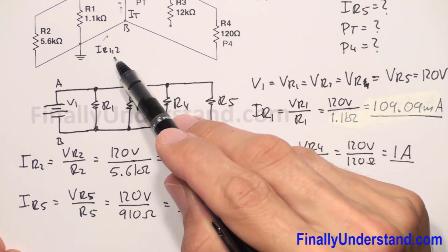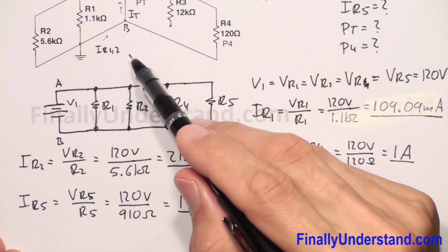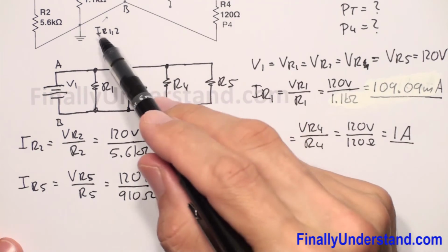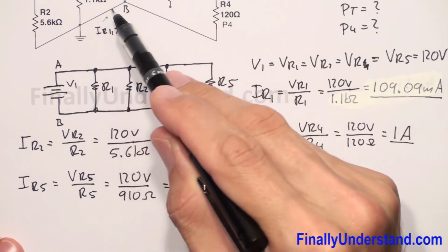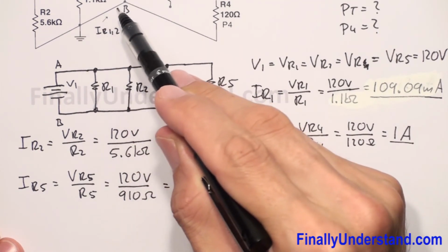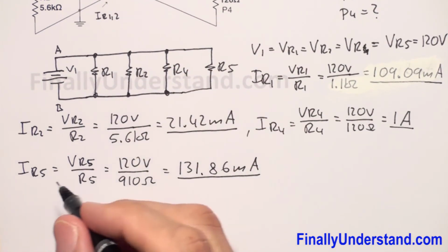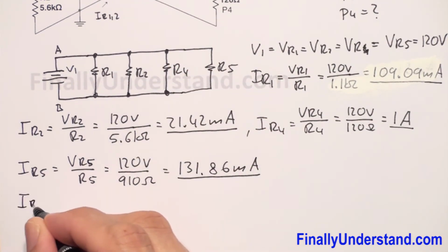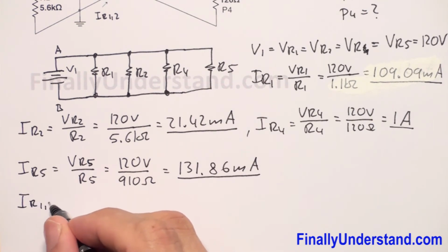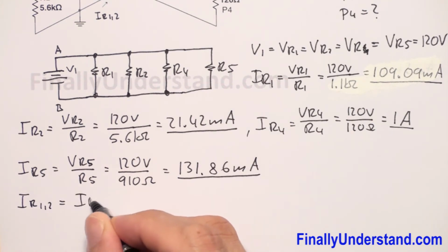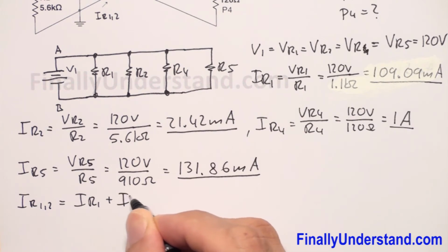So next, I'm supposed to find the current IR12. The current which will go into this wire is going to be the sum of these two currents. So I can write that IR12 is equal to IR1 plus IR2.